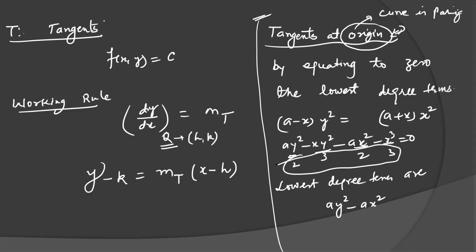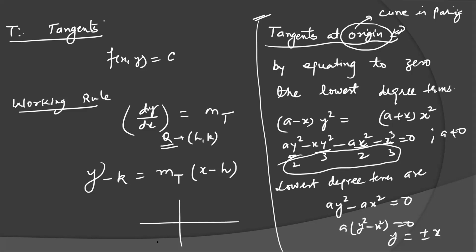This is degree, not division. So equate it to 0. a cannot be 0 here. So y square minus x square equal to 0. Remember, a is not 0 here. So y is equal to plus minus x. It means you have two tangents at origin: the line y equal to x and the line y equal to minus x. When we see the tracing of this curve, these tangents will help us a lot.